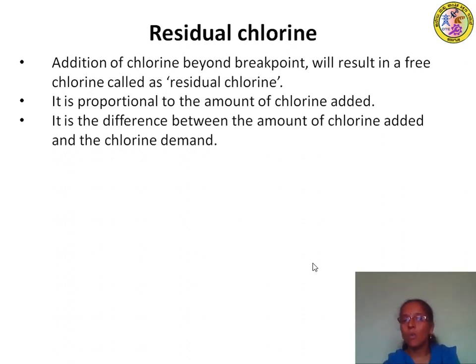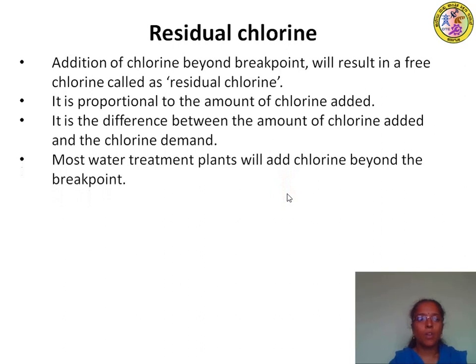If you add 1 milligram per liter, then the residual chlorine is 0.5 milligram per liter. If you add 0.8 milligram per liter, then the residual chlorine is 0.8 minus 0.5, that is 0.3 milligram per liter. So it is the difference between the amount of chlorine added and the chlorine demand.